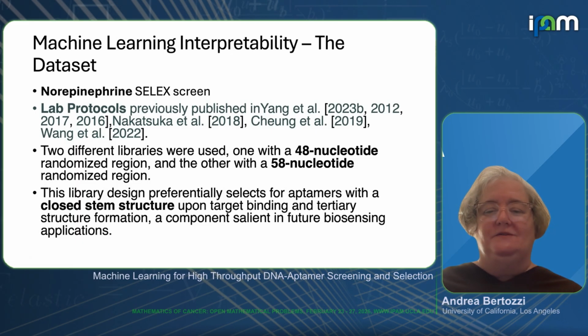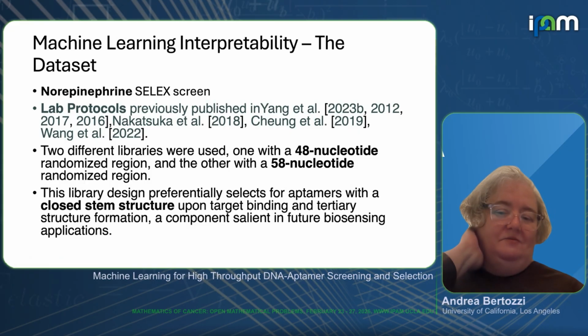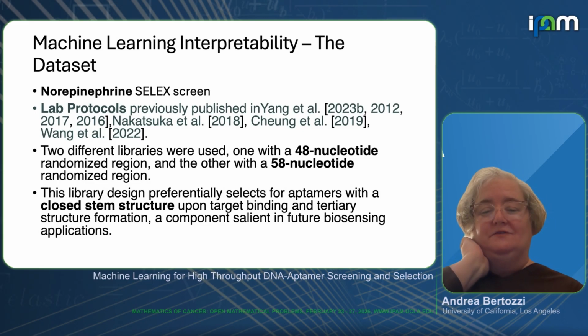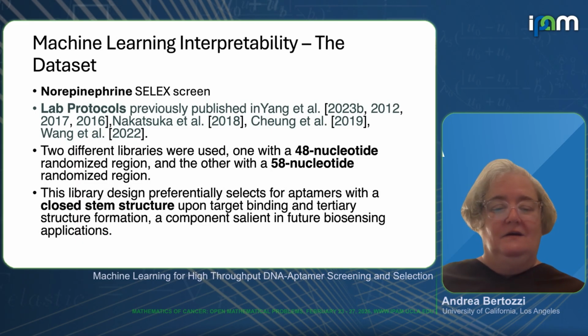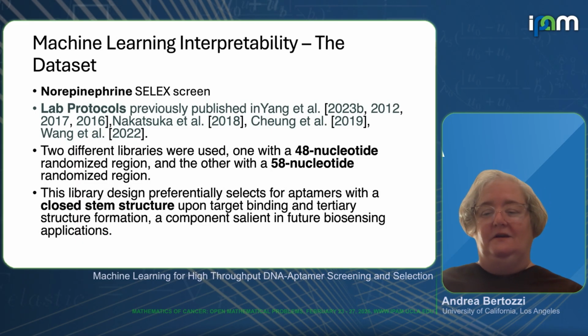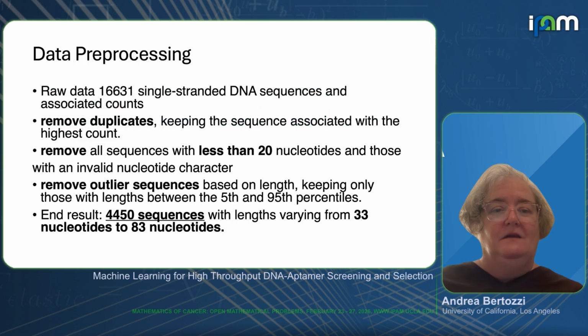Two different libraries were used, one with a 48 nucleotide randomized region and the other with a 58 nucleotide randomized region. The library design preferentially selects for aptamers with closed stem structures upon target binding and tertiary structure formation. This is a component that's salient in future biosensing applications, so there is a reason to do that.